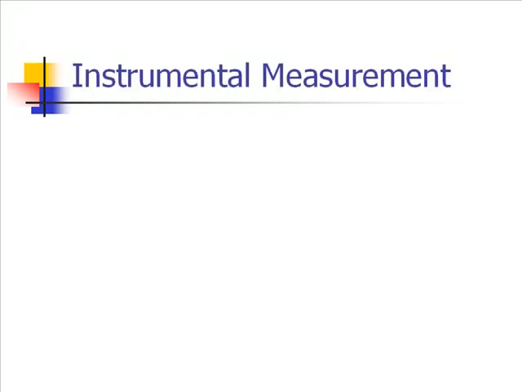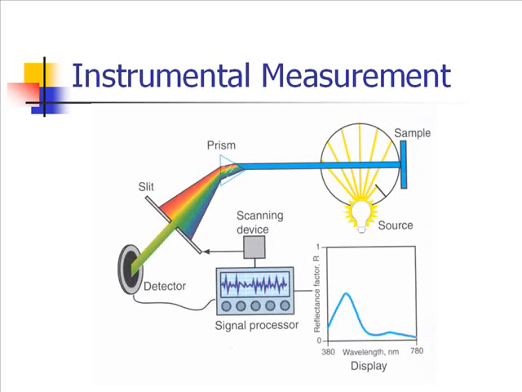Here's a picture from your book that shows the parts of a spectrophotometer and what you get from it. We have our sample here. The light source shines light, and this happens to be an integrating sphere type spectrophotometer that we'll discuss a little bit later.